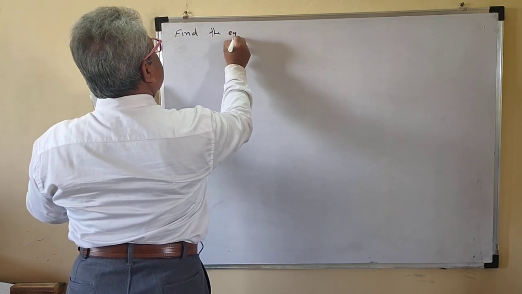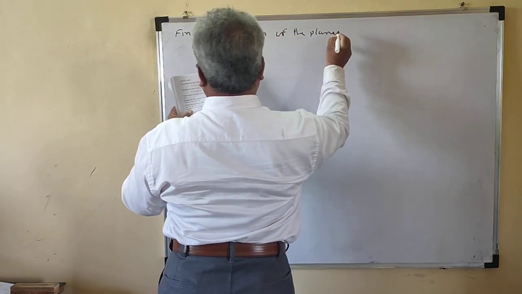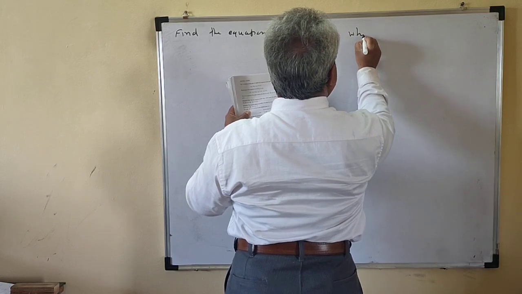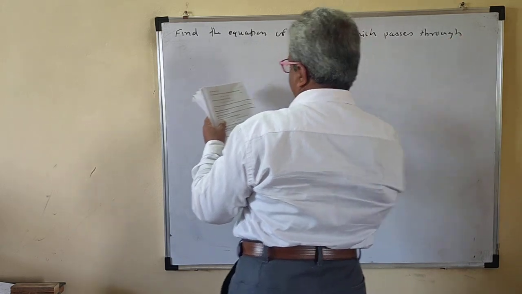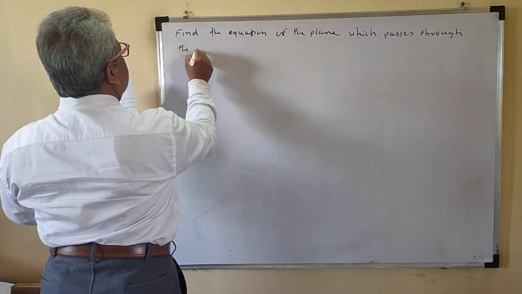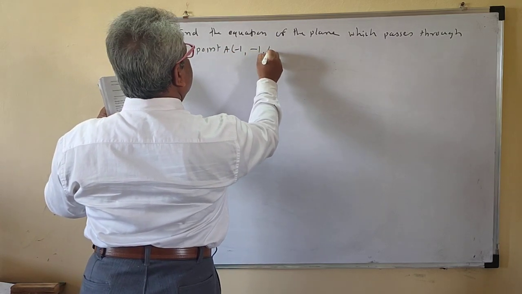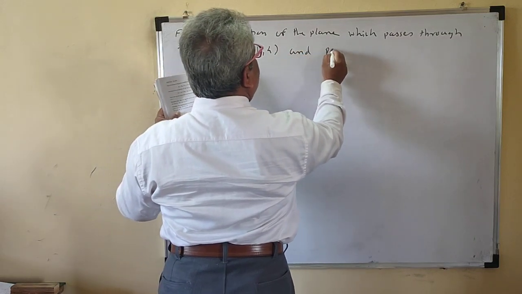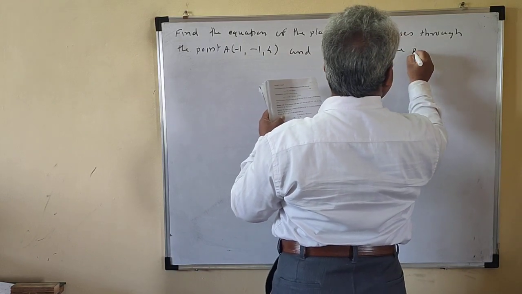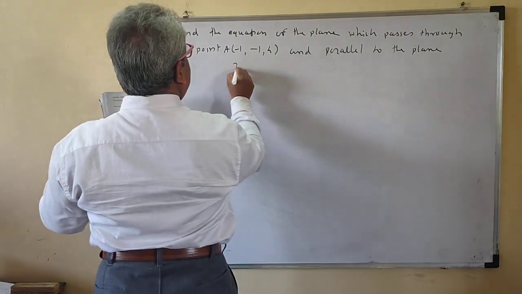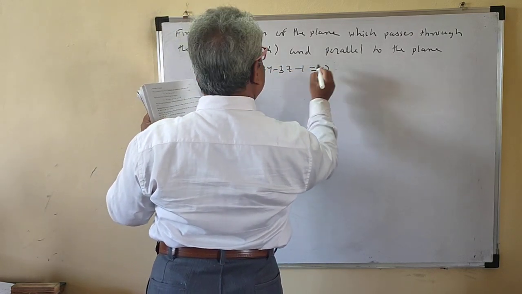Find the equation of the plane which passes through the point A(2, -1, 4) and is parallel to the plane 2x plus 2y minus 3z minus 1 is equal to 0.